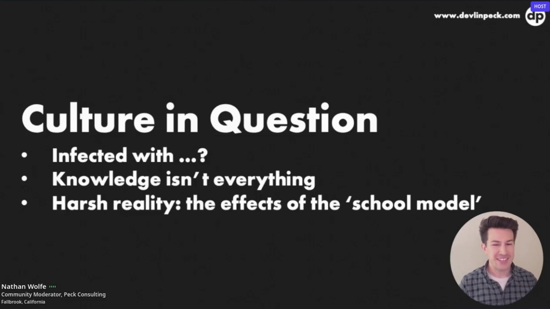I was a little ready to be defensive here as Cathy Moore talks to us about really the harsh reality of things. So as we're reading through, if you didn't pick up on her language talking about the school model, she seems to suggest that's where the source of some of this infection has taken place, because the school model, as she suggests, is that we present information and create tests about it, and that's what teachers do.